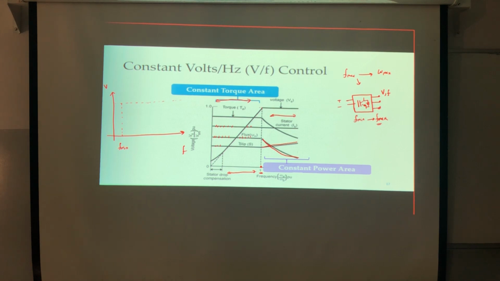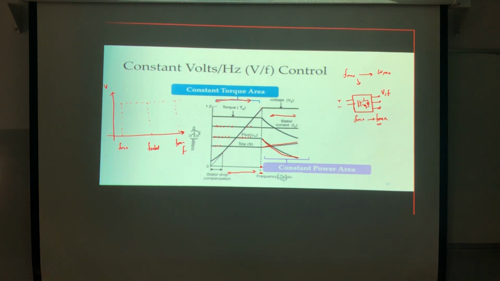The second one is the F rated. The third one is F max. Now, F minimum here, either it can be seen from the frequency or the speed, is where I cannot neglect the voltage drop across the circuit. In this case, I need to boost the relation. So here, I need to boost the voltage by delta V.